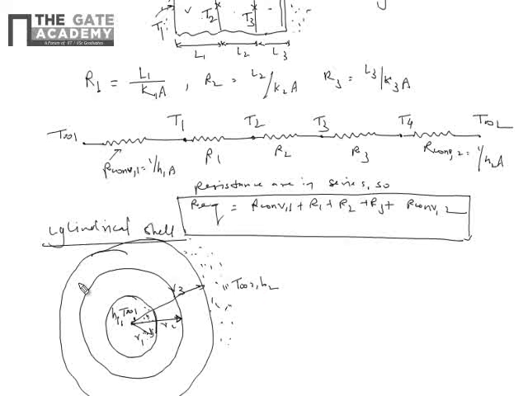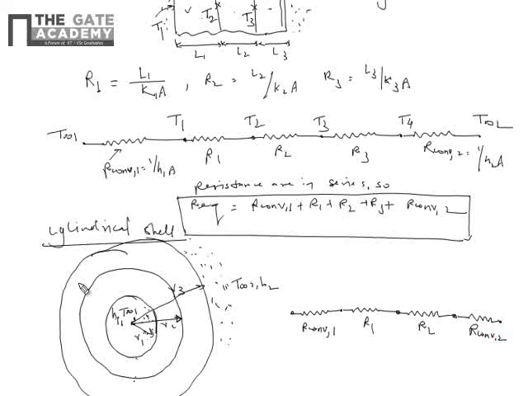Since these two cylindrical surfaces are in series, when we draw the thermal resistance diagram, we will have one convective resistance, one conduction resistance for the inner shell, one conduction resistance for the outer shell, and one more convection resistance. Let us say this is R convection 1, this is R1, this is R2, this is R convection 2.